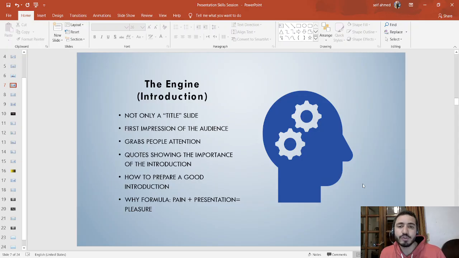And there is also a formula that you can use in your engine or your introduction which will help you to engage with your audience, which is called the why formula. This formula includes three main parts. First part is pain. You are trying to give your audience an idea that they have a specific problem about something, and this is followed by your presentation, which is like the solution to this pain or to this problem.